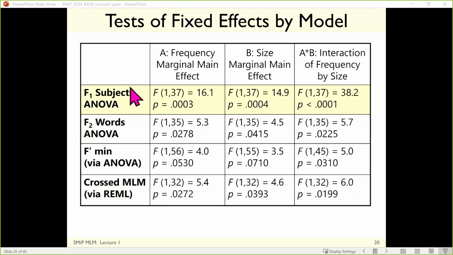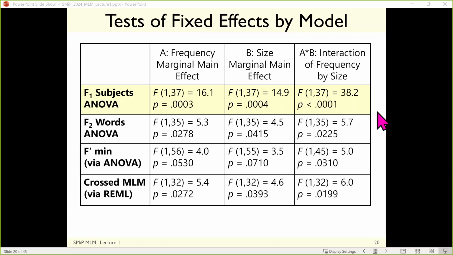If we look at what would have happened for F1, then the effects are wildly optimistic. They look way too good. And the reason for that is because the 70% of the item variability that was left over after putting in the things he cared about, that's gone. Just gone, because the data were aggregated over it.